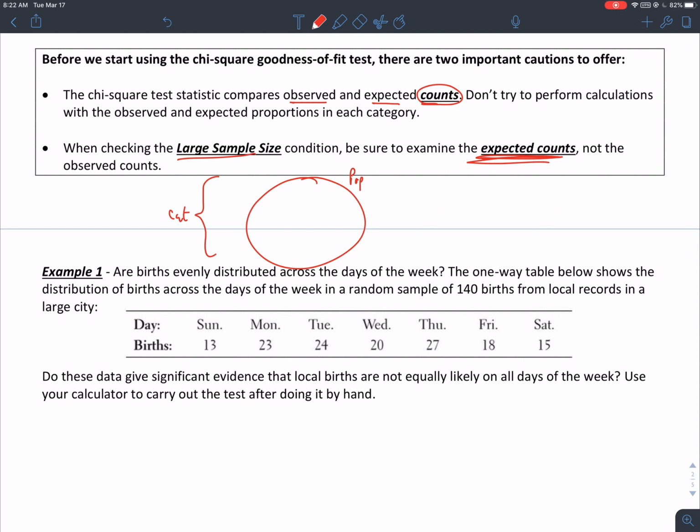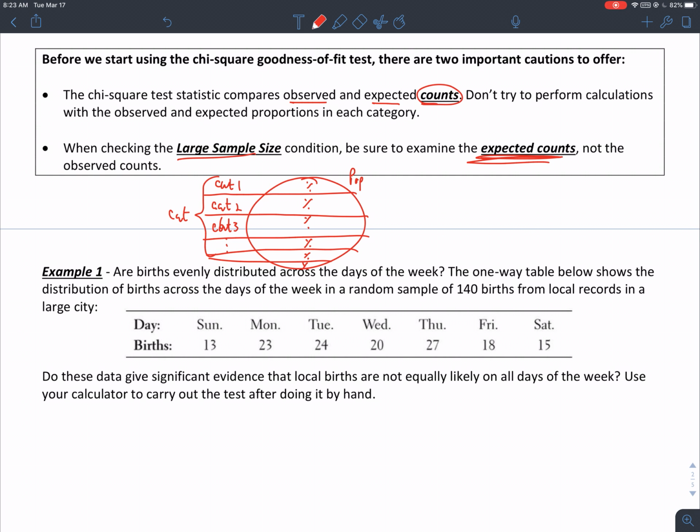Okay, so category 1, category 2, category 3, etc. And what we're trying to see is, the claimed distribution of the categories in the population, whatever it is, some percentage or proportion, is that claimed distribution correct based on the sample data that I gathered.